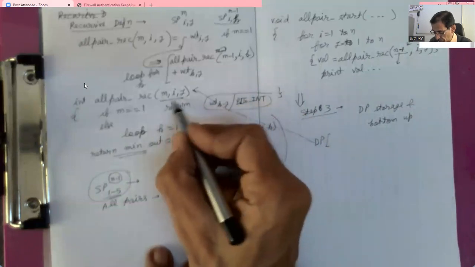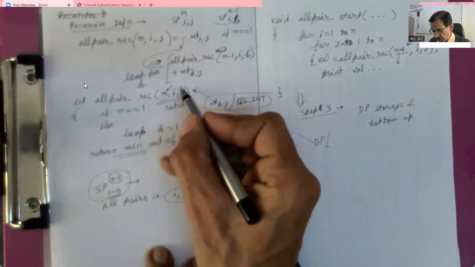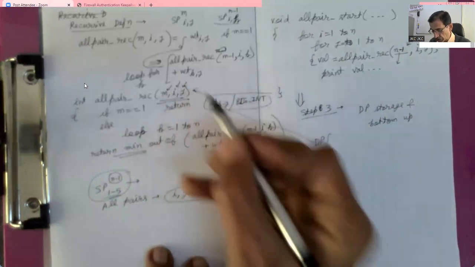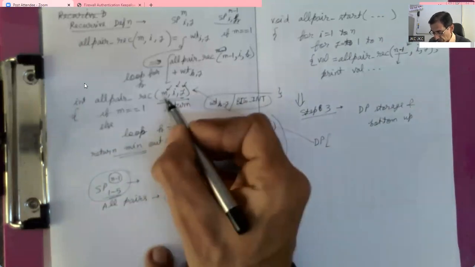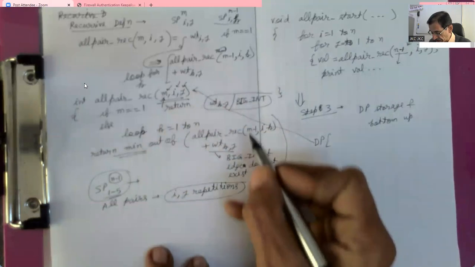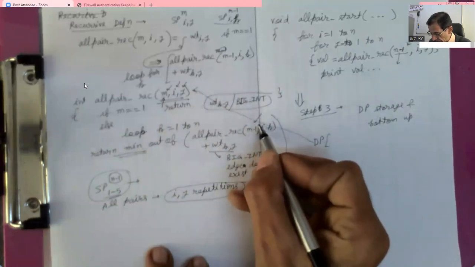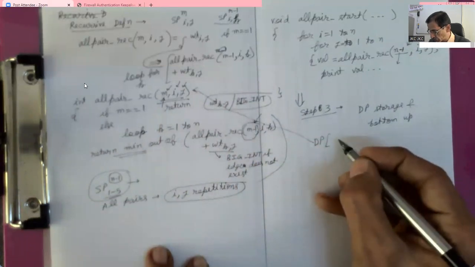In this call, m is also needed and m is changing. i and j are obviously going to change. So for every ij needed, and for calculating the path of maximum n minus 1 edges, it internally requires paths of lesser m size also. Hence, m is also going to be needed.